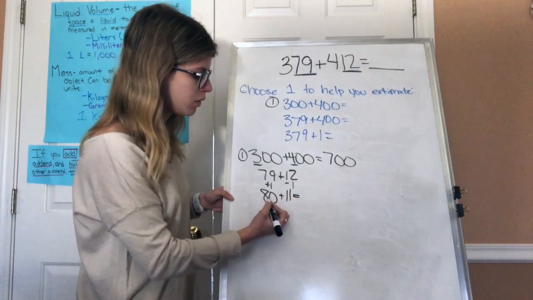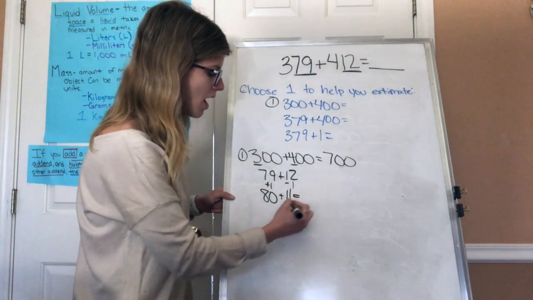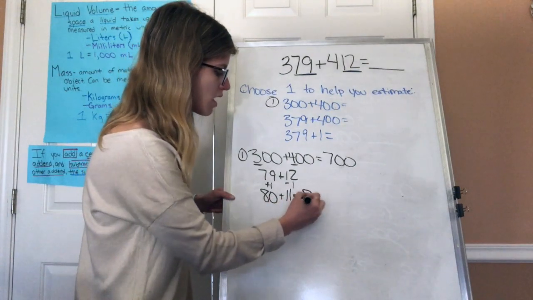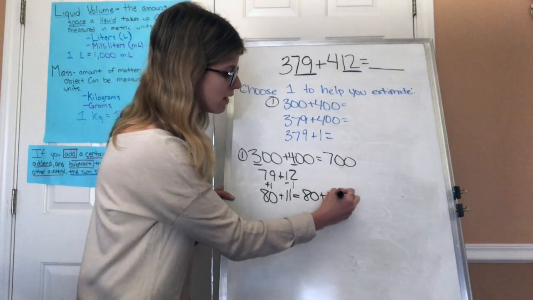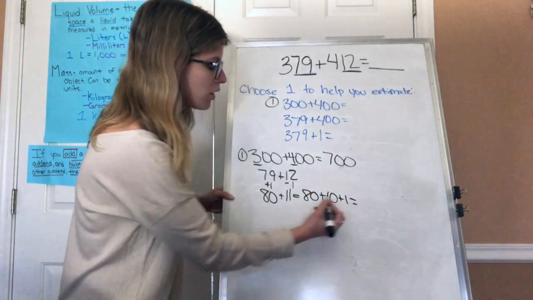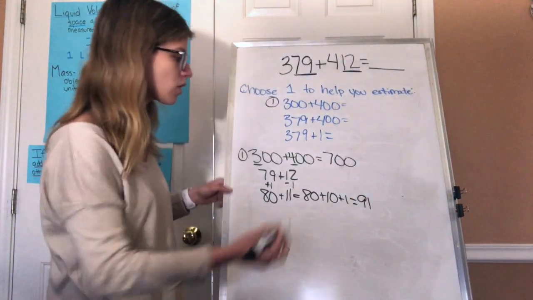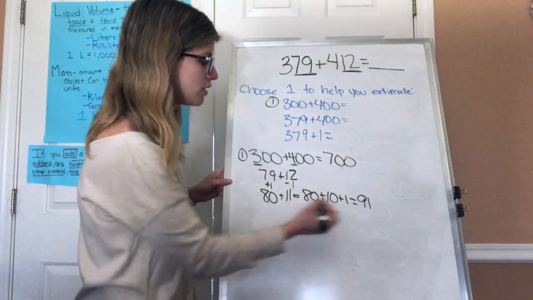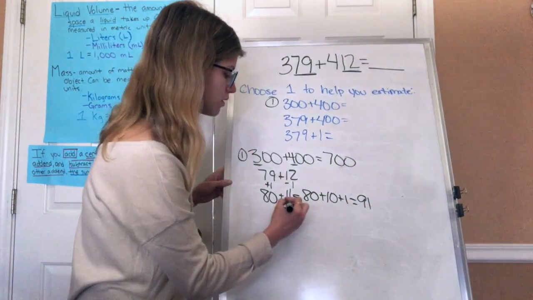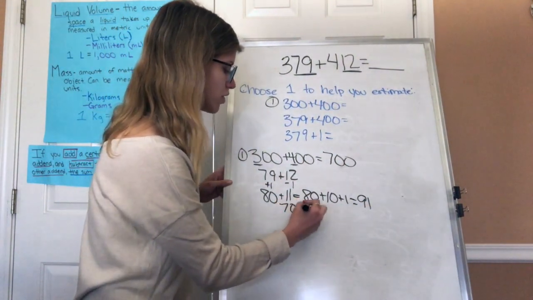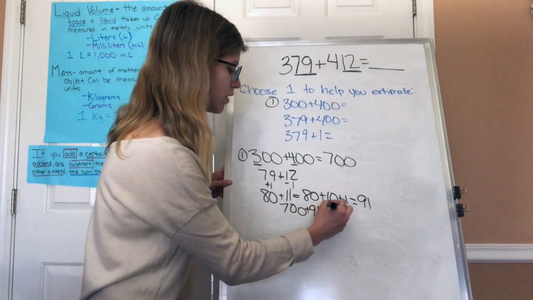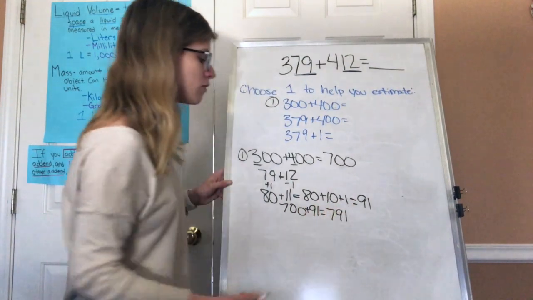And I know that 80 plus 11, I can break it down and think about 80 plus 10 plus 1. And I know 80 plus 10 is 90, plus 1 is 91. So then I still have my hundreds, and now I have my tens and ones. So I would have 700 plus 91, which is 791.